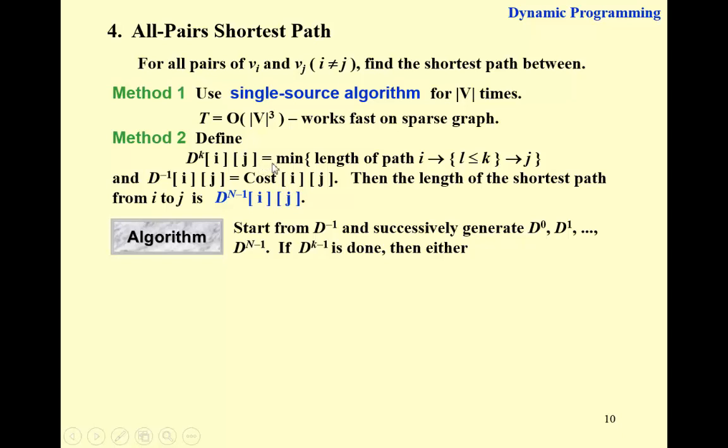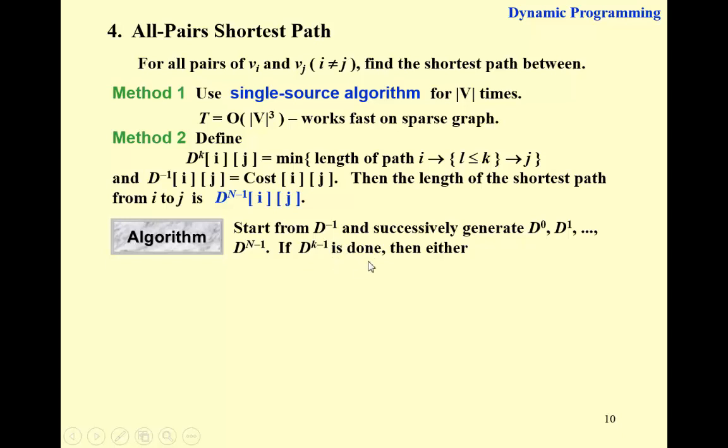To continue thinking in the dynamic programming way, the next step is to try to find the relationship between this subproblem and the subproblems of smaller sizes, right? So the key is here. Suppose that a smaller size problem is already solved.